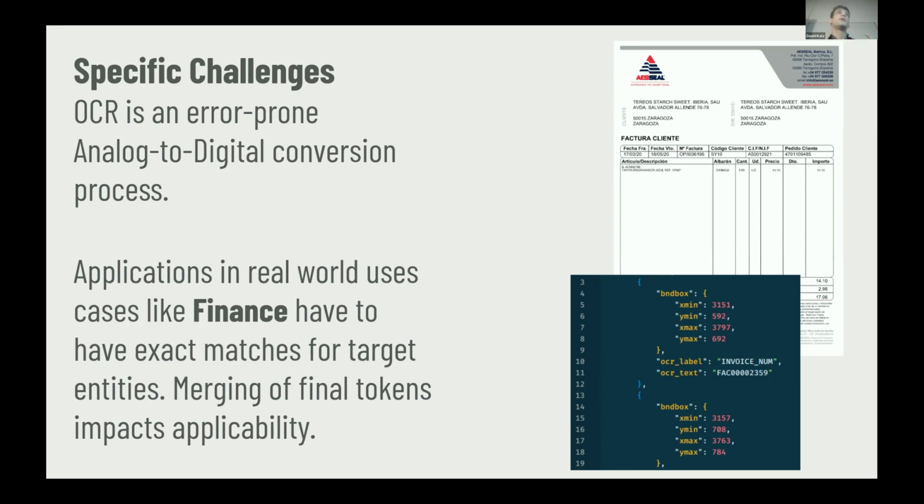We wanted to introduce a new type of metric that will allow us to score the impact of these errors and the joining and the characteristics that can create errors in the OCR process that digitalizes our analog document.